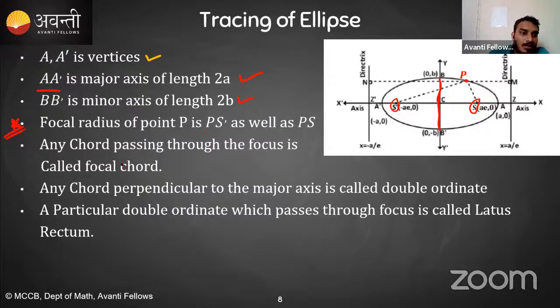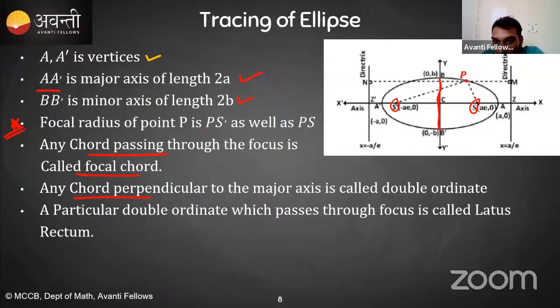And this thing you already know, any chord passing through the focus is known as focal chord. Yes or no? Any chord perpendicular to the major axis is called double ordinate, right? And out of all the double ordinates, the special double ordinate which passes through the focus is known as latus rectum.